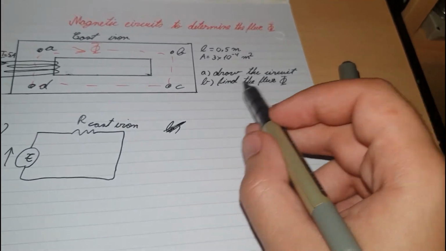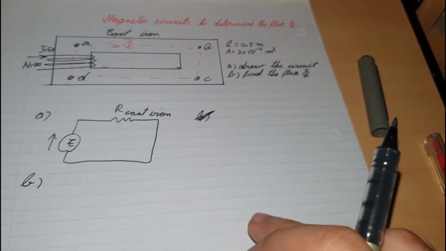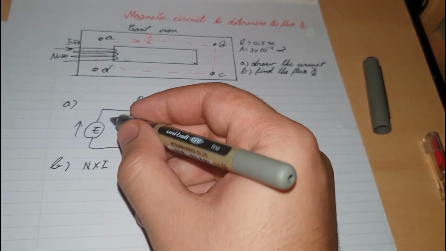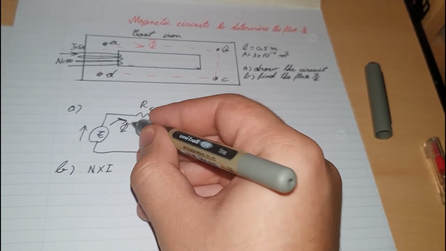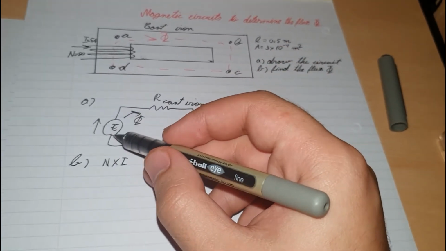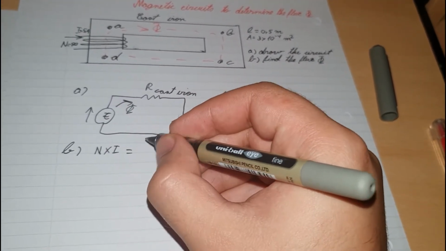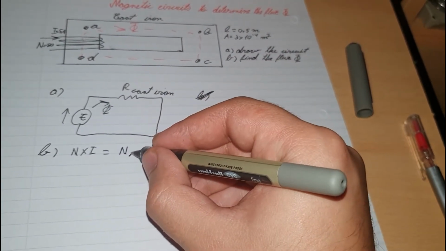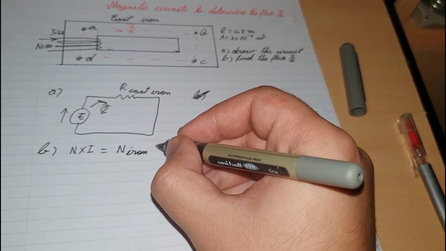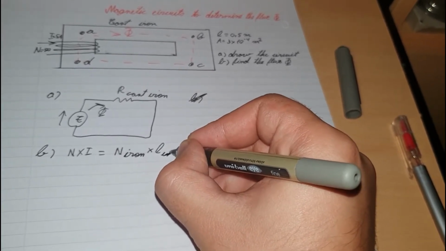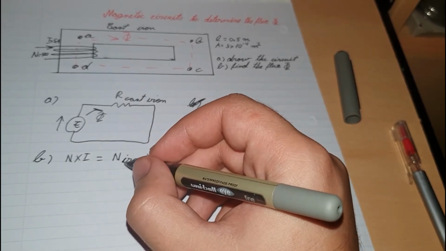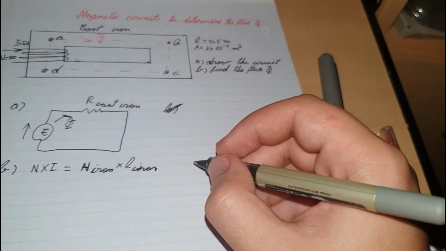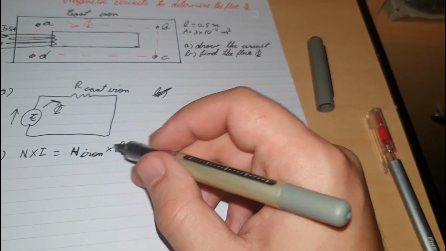So what it asks is to find the flux. So N times I will give us the MMF, and that will be equal to H iron multiplied by L iron, and we already know these two values.